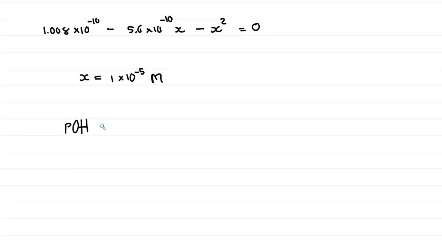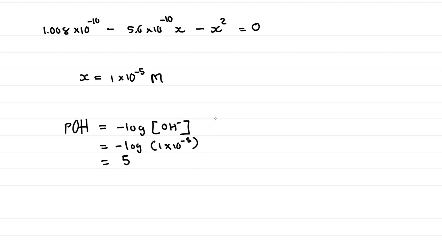So we say pOH is equal to negative log of the hydroxide ion concentration. So we have negative log of 1 times 10 to the power of negative 5, and that gives us the value of 5.